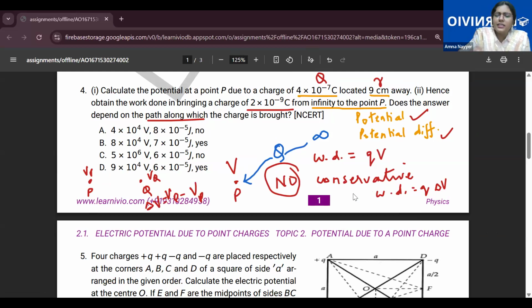This data of infinity has just been given so that you can pick between these two. Whoever doesn't know this concept of the difference between potential and potential difference will end up using either of them. Sometimes it can be correct, like in this, where there is no other option. Sometimes, if other points are also mentioned, it can get messed up. So, just for that purpose, it's okay.